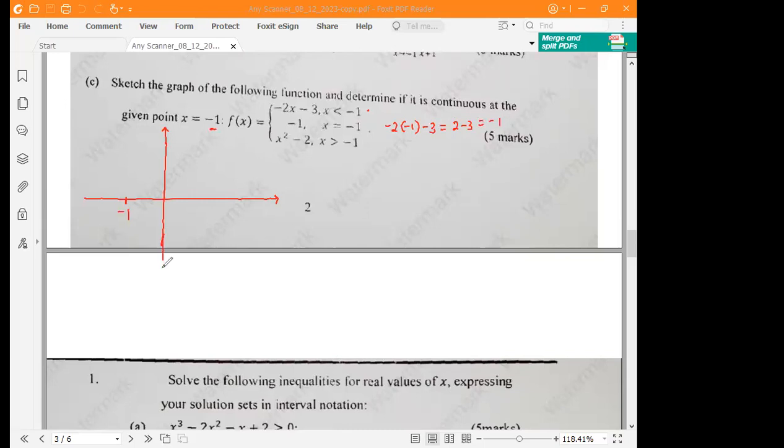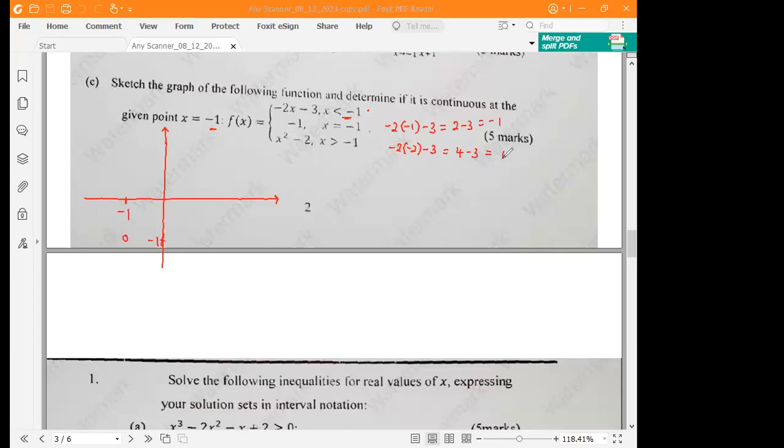So we'll have (-1, -1), not included there. And then pick a number that is less than -1. Let's pick -2. Then we have -2(-2) - 3, that's 4 minus 3, which is 1. So we get (-2, 1).